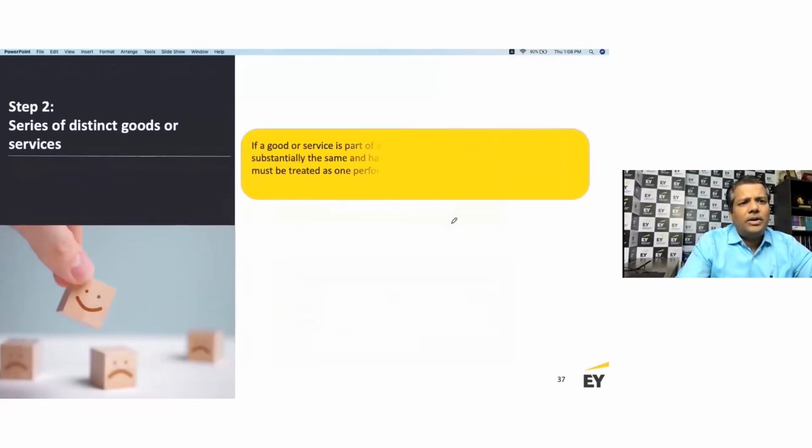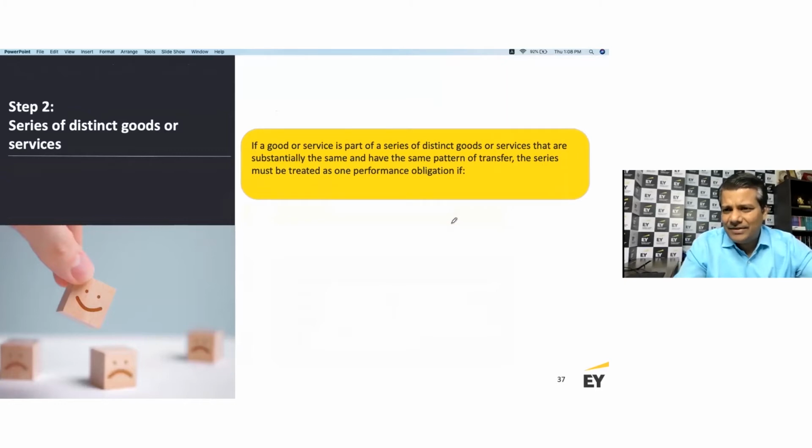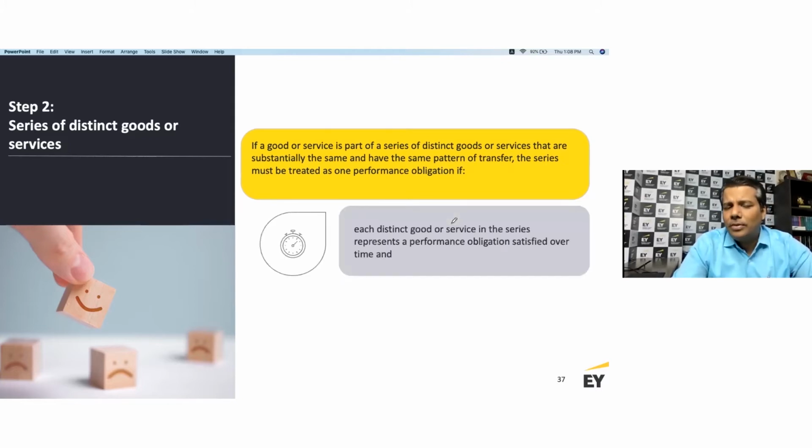So let's talk about a series of distinct goods or services. If a good or service is part of a series, like the maintenance arrangements, time or material arrangements, or the hotel management arrangement example we discussed, and the goods or services are substantially the same and have the same pattern of transfer, the series must be treated as one single performance obligation.